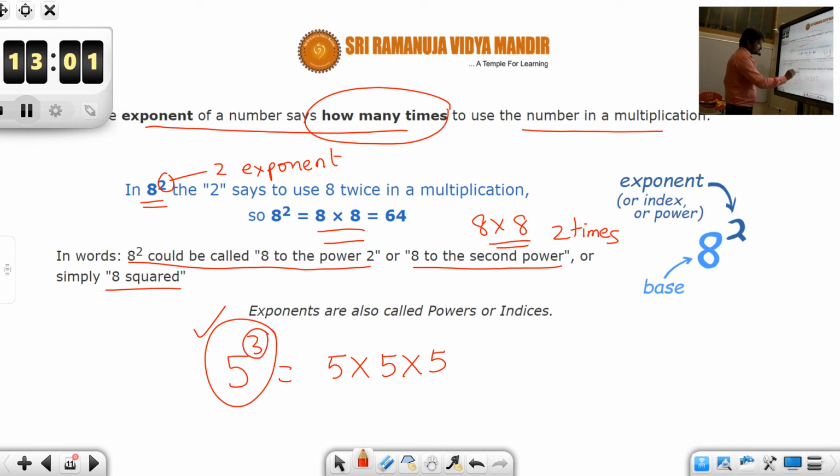And this number, which represents how many times we need to multiply, we call it the exponent. Okay. So hope you are clear with the definition of exponent. Exponents we will also call powers or indices.